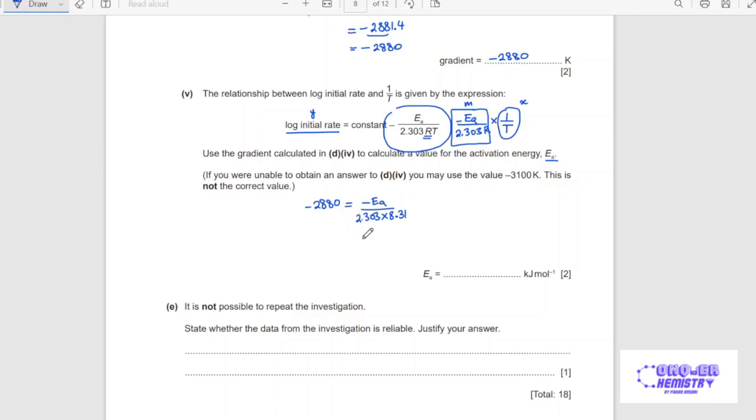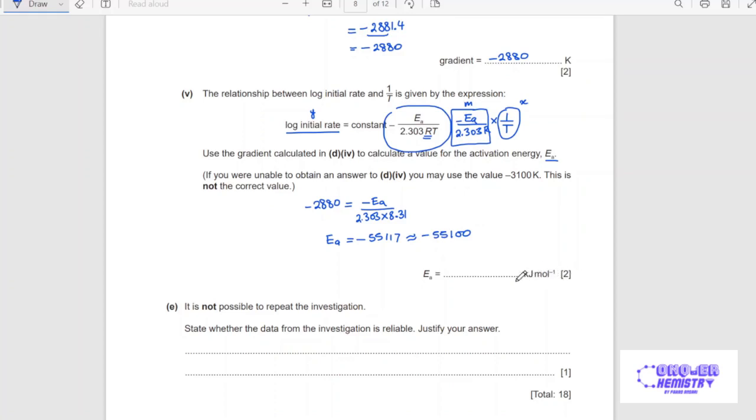So once I perform this calculation, the activation energy, the value turns out to be minus 55,117. All right. Now, because we've been using the gradient to 3 significant figures, so I need to round this up to 3 significant figures as well. It's only fair. So this is going to be minus 55,100.